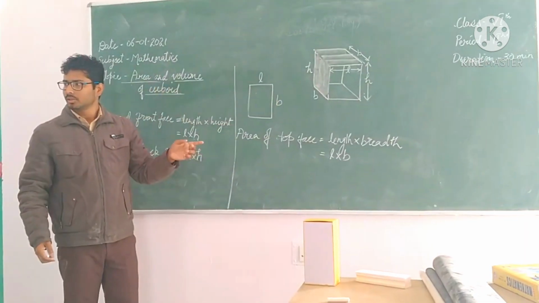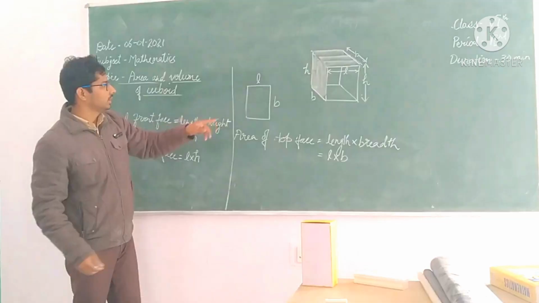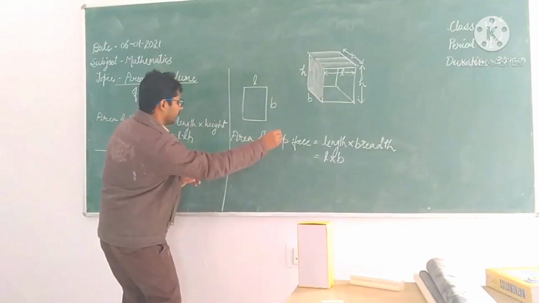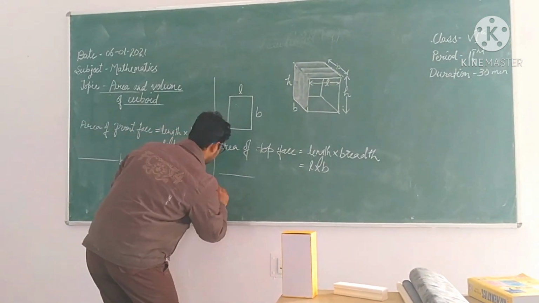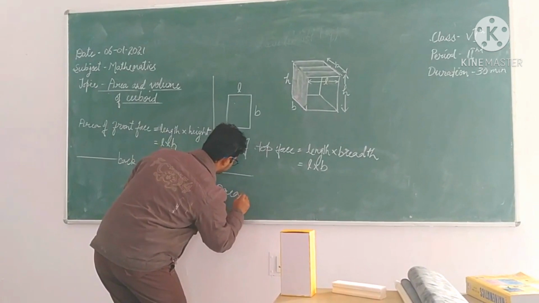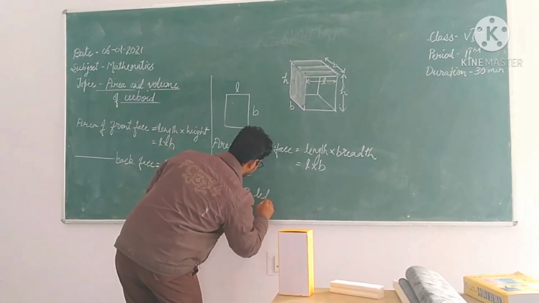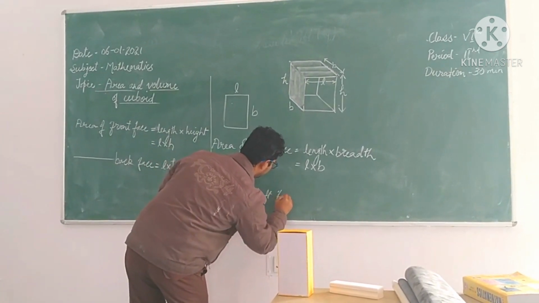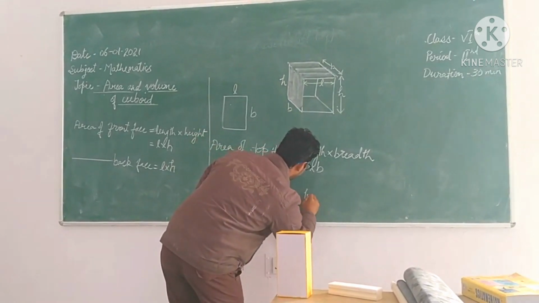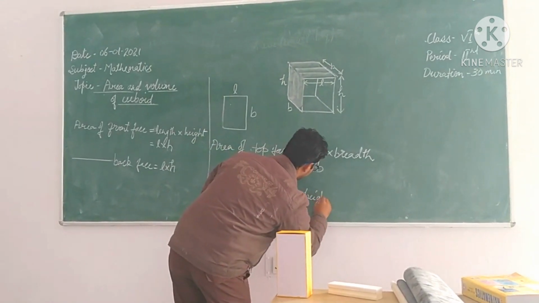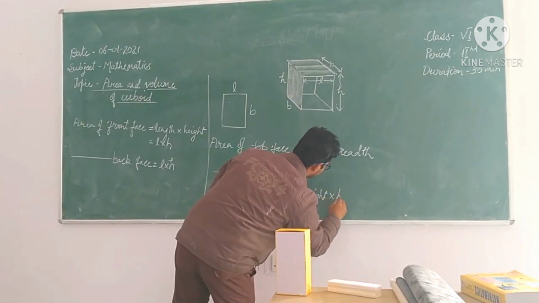The area of the left face will be H into B. Sit down. It is correct. The area of the left face will be height into breadth.